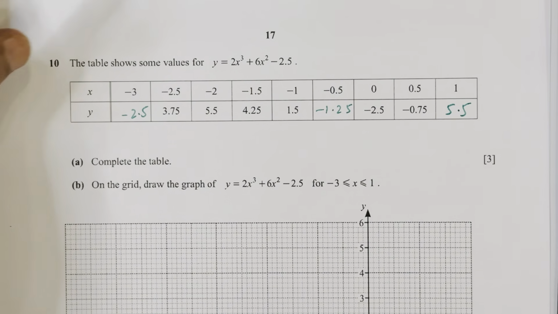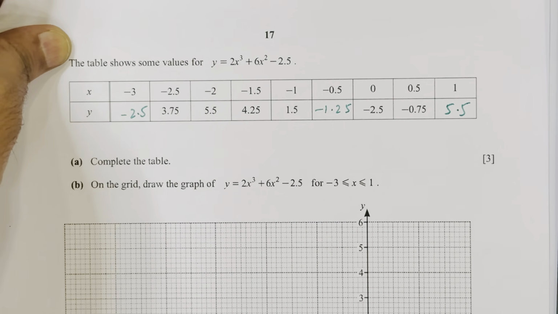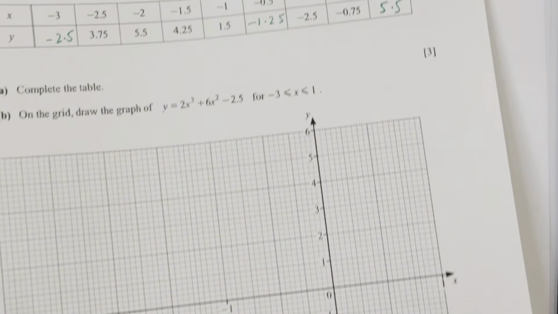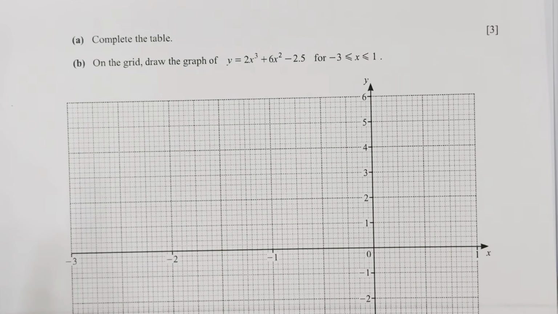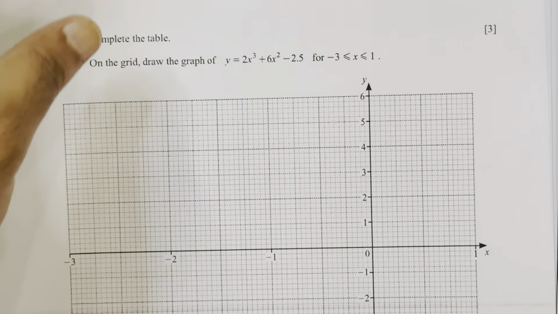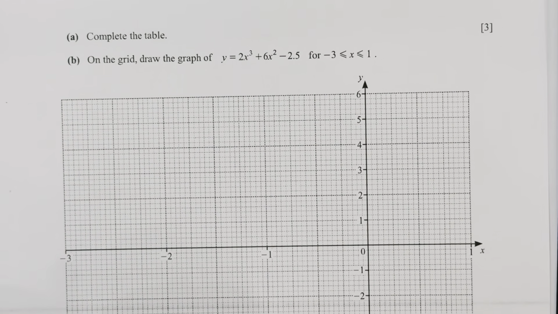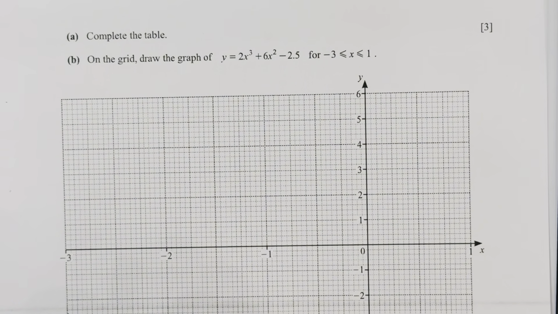Now we need to plot this graph on the graph table. Okay, when the value of x is minus 3, the value is minus 2.5. So this will be our first point.